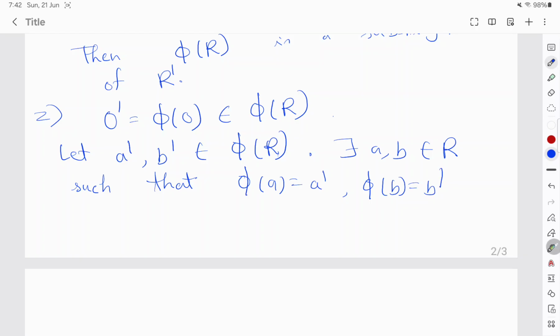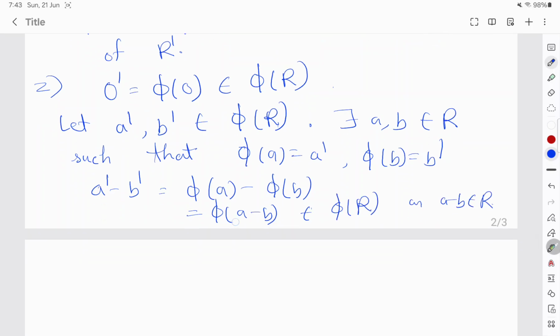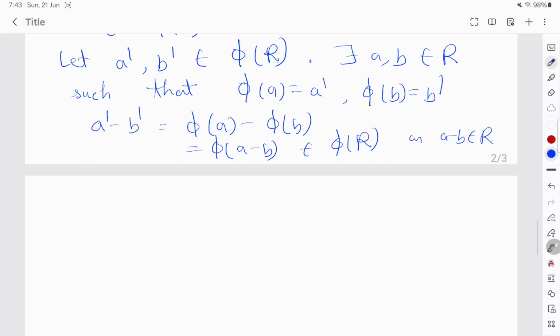So if you do a dash minus b dash, that equals phi of a minus phi of b, right? So this is equal to phi of a minus b. If a belongs to R and b belongs to R, then a minus b belongs to R, right? So this belongs to phi of R as a minus b belongs to R. So this is already proved.